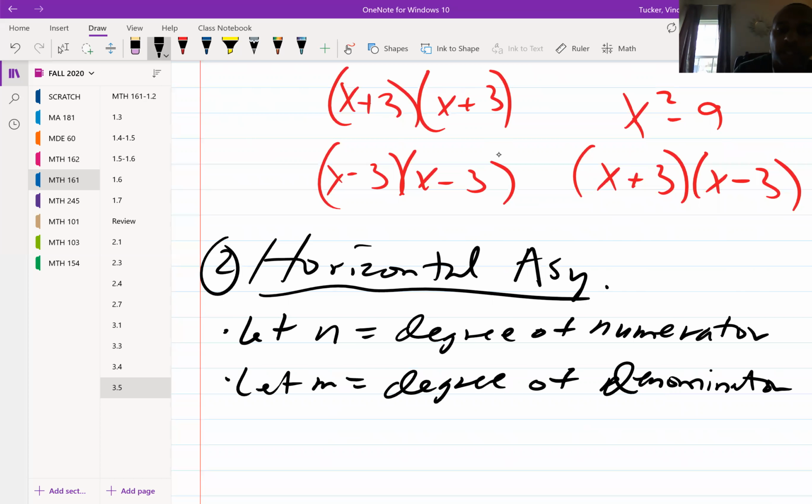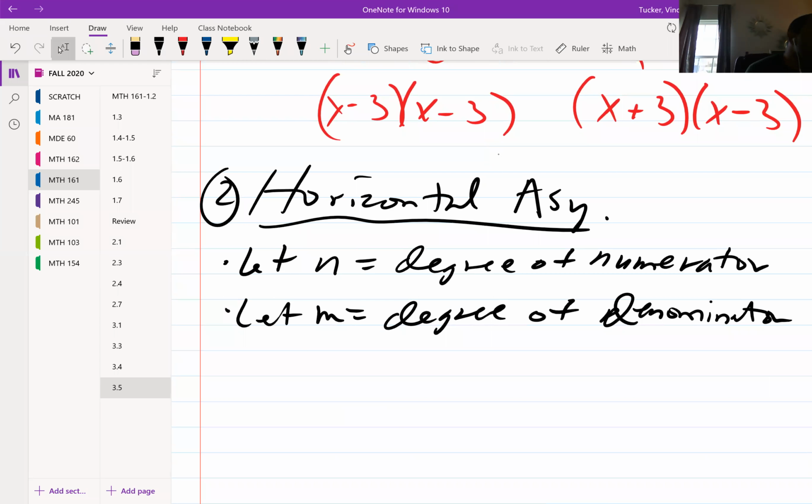We're going to let n be the degree of the numerator and m be the degree of the denominator. When we say degree, we're talking about the highest exponent of the polynomial in the numerator or the highest exponent of the polynomial or expression in the denominator.